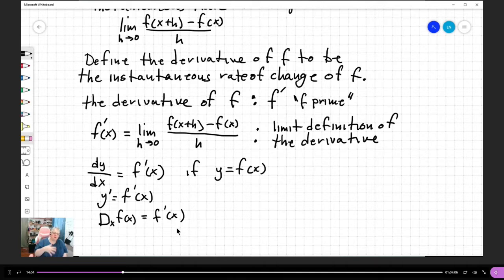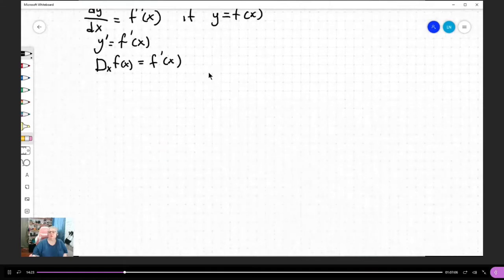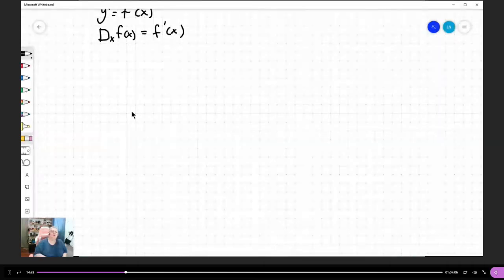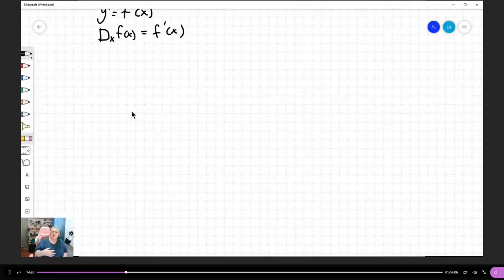For this section and for the rest of this chapter, anytime we have to evaluate a derivative, we're going to do it using the limit definition until we've done enough of them to develop the patterns that we need to figure out the formulas. I don't know how much of this some of you did in pre-calc. There are three basic types of functions, and each one has its own pattern for evaluating the difference quotient. The first one is a polynomial.